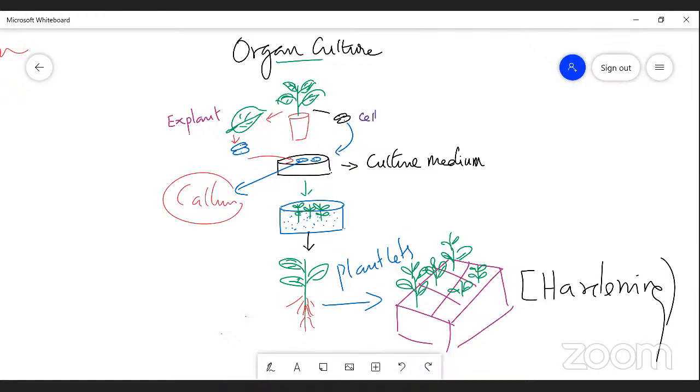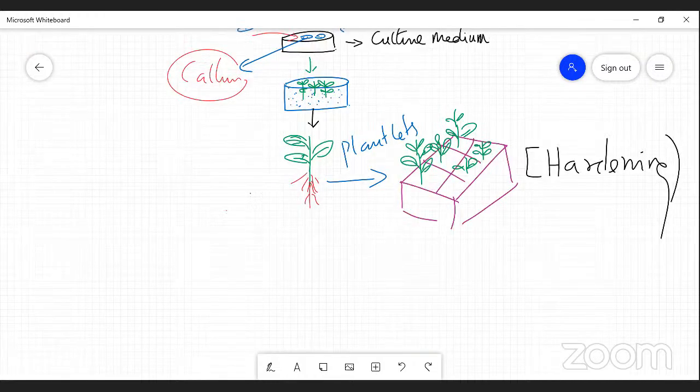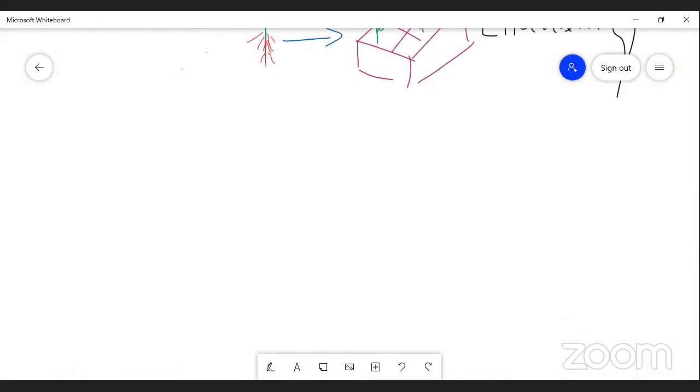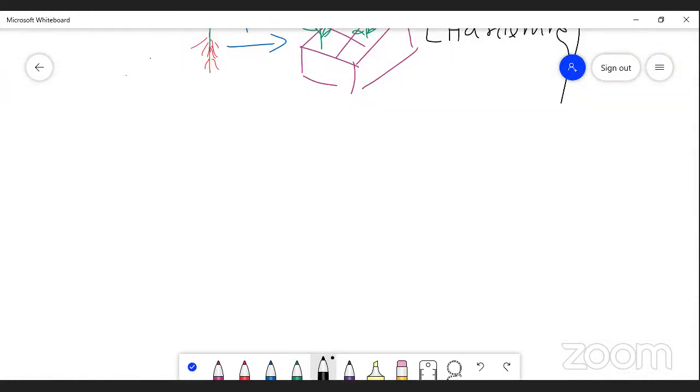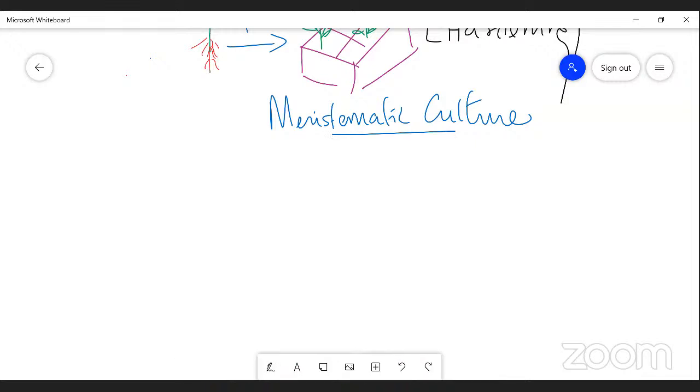The next type is meristematic culture. Second type is meristematic. What is a meristematic culture?